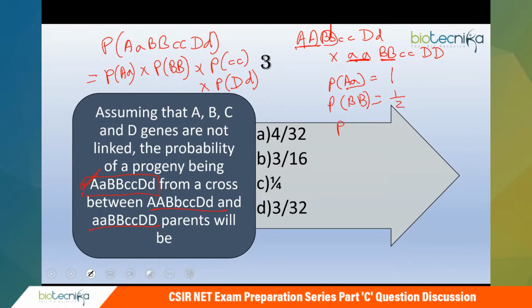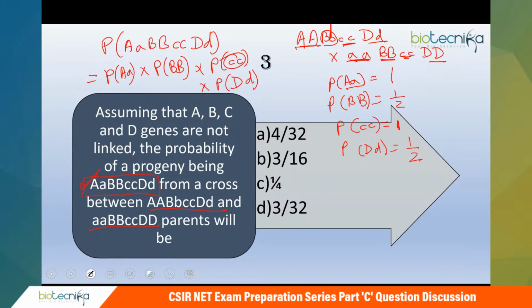Now for C again, it is small c with small c. Definitely the entire progeny will be small c, so the probability is 1. For D, the cross is capital D small d with capital D capital D. Again, half of the progeny will be heterozygote, the other half will be homozygous dominant.